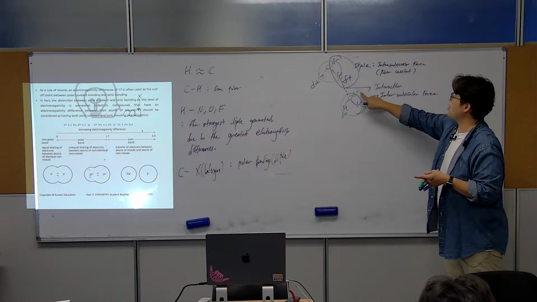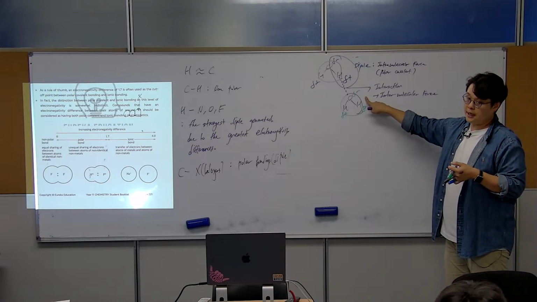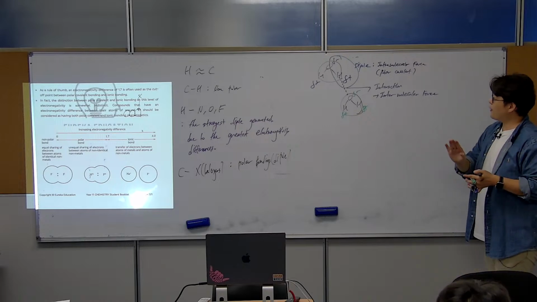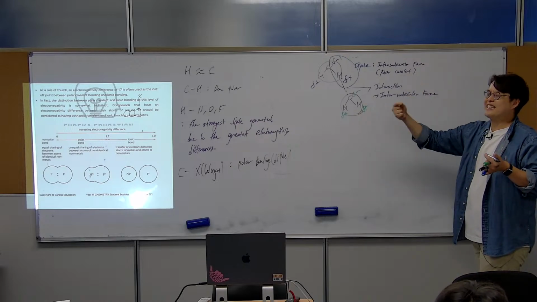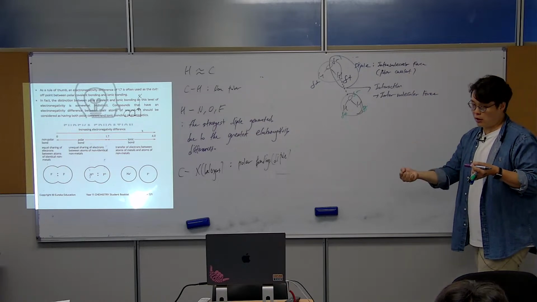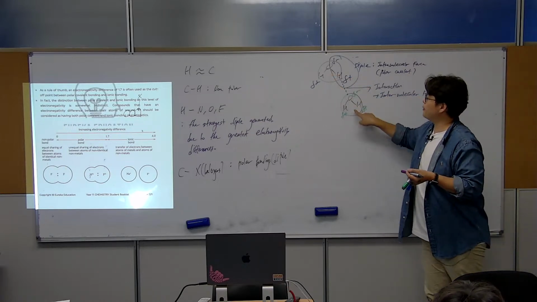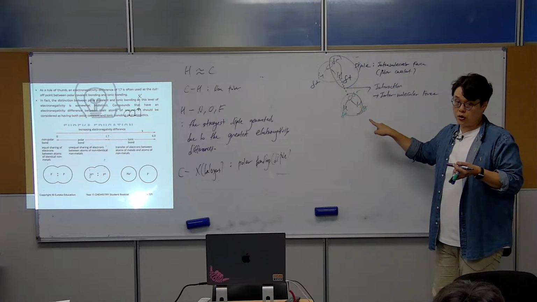Why? Because of their positive charge and negative charge. Does it make sense? Remember that intra is always something inside. Polar covalent bonding is an example of an intramolecular force. I'm calling the interaction between two separate molecules intermolecular.